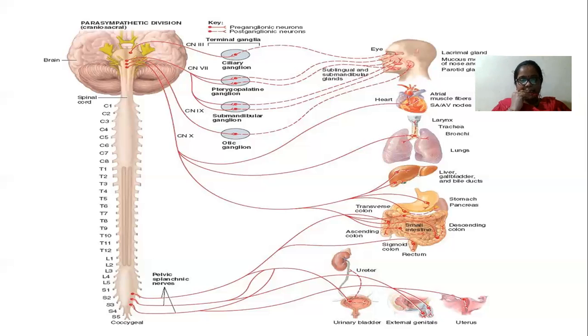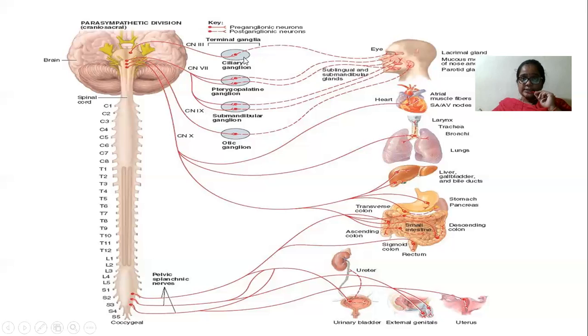Next thing is the pterygopalatine ganglion. Here the parasympathetic preganglionic neurons extend from the facial nerve and make a synapse with the postganglionic neuron in the pterygopalatine ganglion. Then those postganglionic neurons are distributed to the sublingual and submandibular glands.